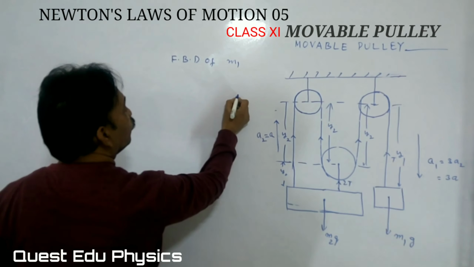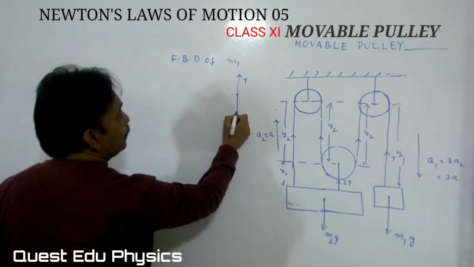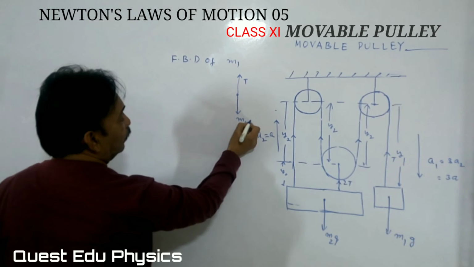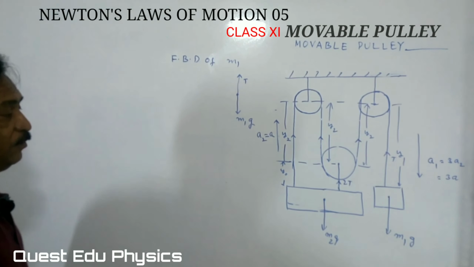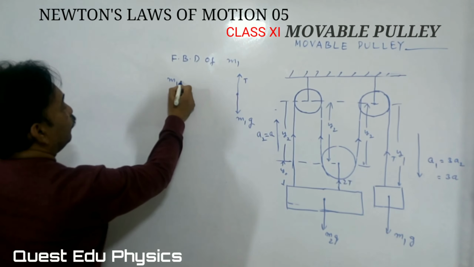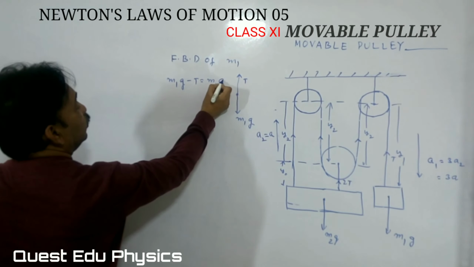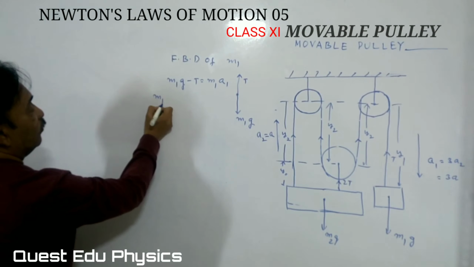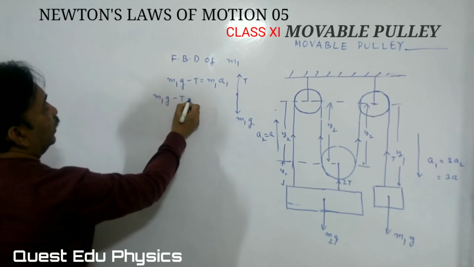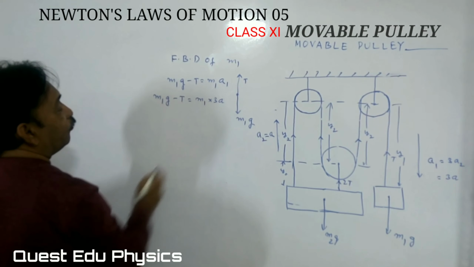What you get is the tension, it is the weight. So m1g minus t is equal to m1 into a1, that is m1g minus t is equal to m1 into 3a.